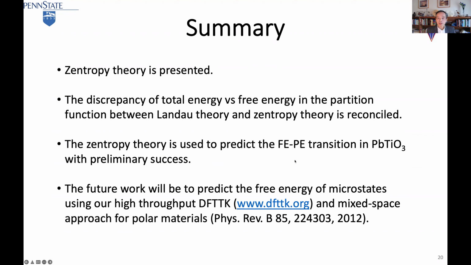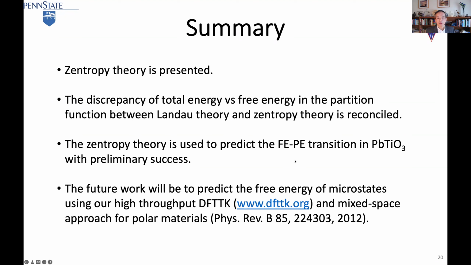And we reconciled the discrepancy between the Landau theory and the Zentropy theory in terms of the total energy used in Landau theory and the free energy used in our theory. And we applied the Zentropy theory to the ferroelectric transition in lead titanate with very good agreement so far.